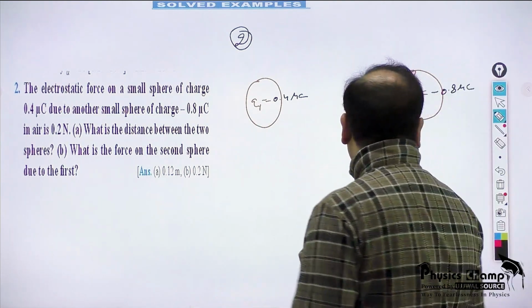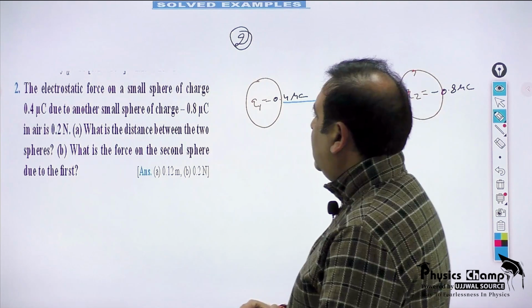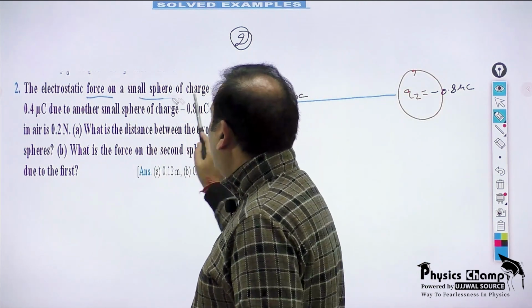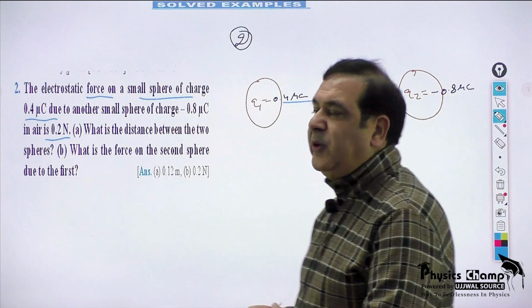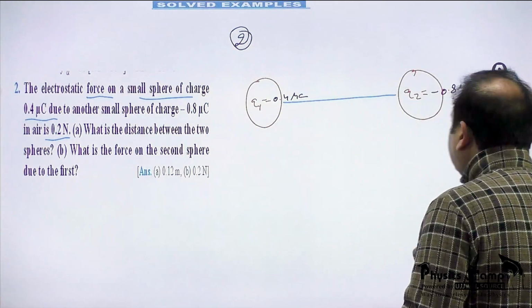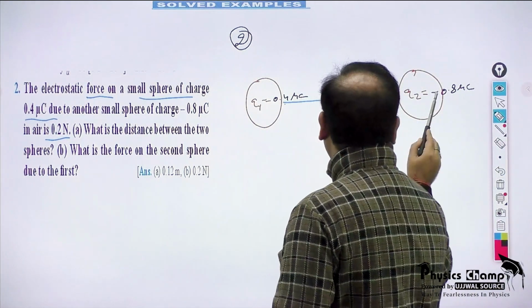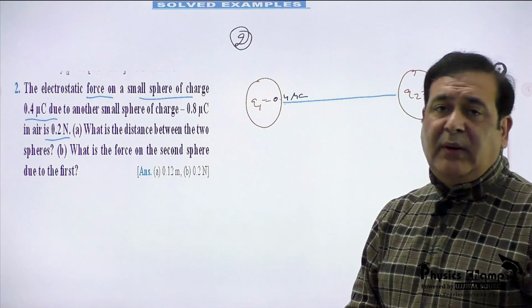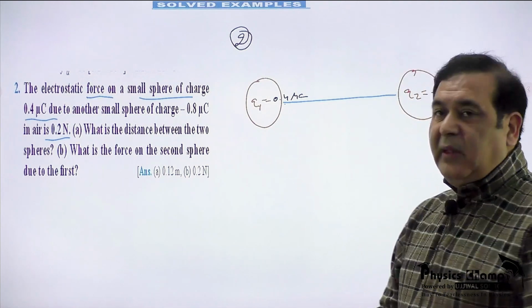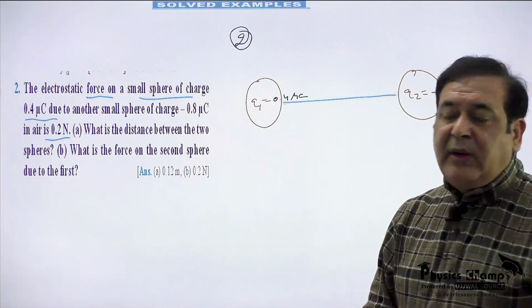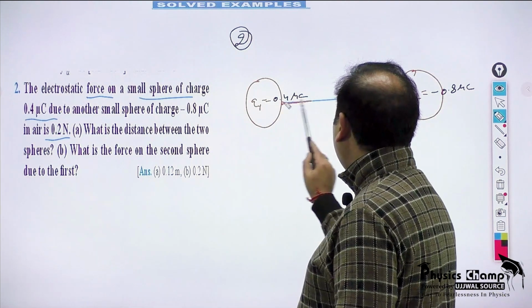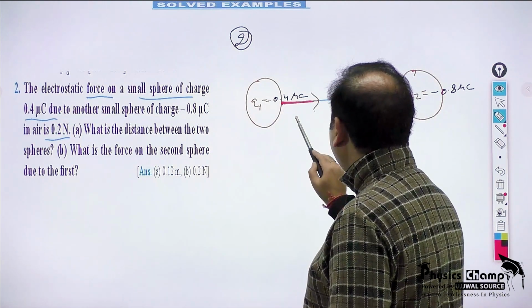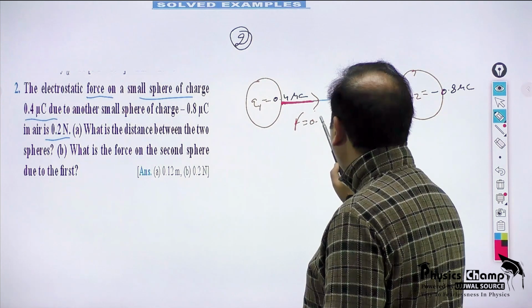They are placed such that the electrostatic force on the small sphere of charge 0.4 microcoulomb is 0.2 Newton. If one is positive and one is negative, there is going to be a force of attraction, and the same force on both of them. So the force acting on the first one is 0.2 Newton.